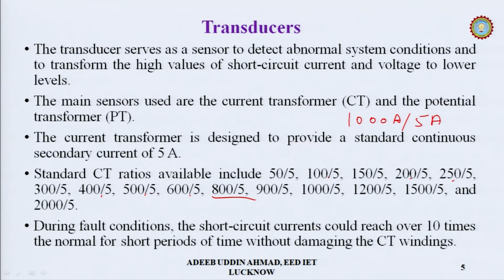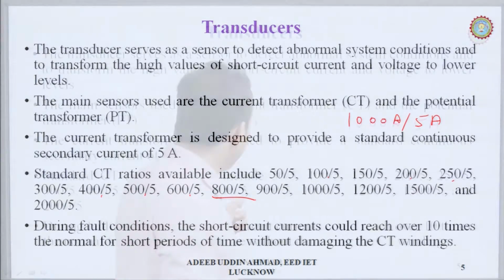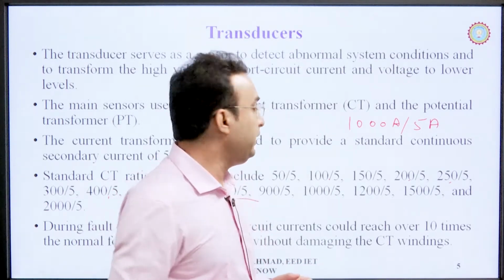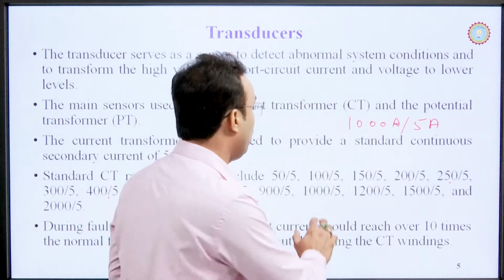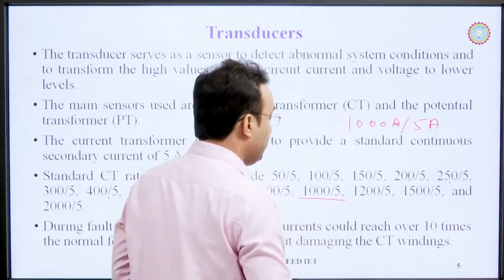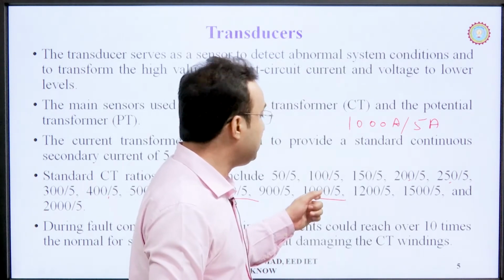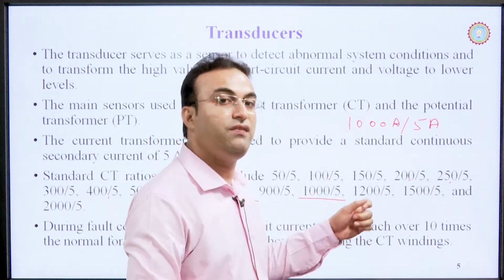An 800 by 5 rating CT only means that when the primary faulty current is 800, the secondary current will be 5 ampere. That is the normal ratio. What about 1000 by 5? It means that when the primary current is 1000 ampere, the secondary current will be 5 ampere.